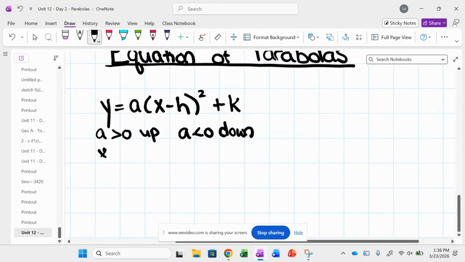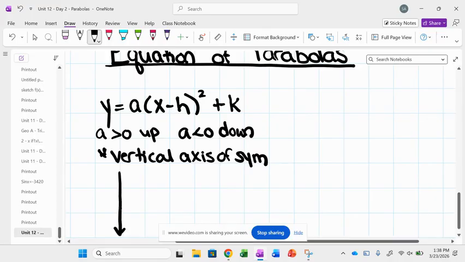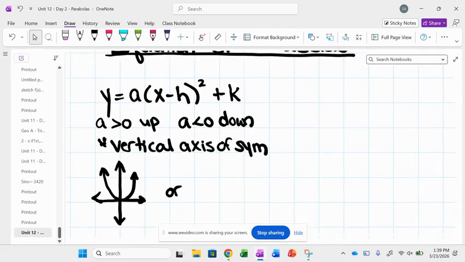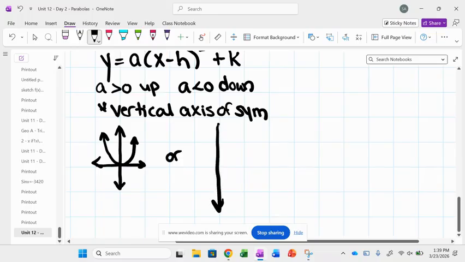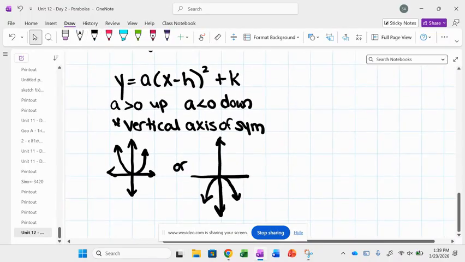We also know that it will have a vertical axis of symmetry. And we learned from last unit the shifting, right? The h shifts left and right, the k shifts up and down.